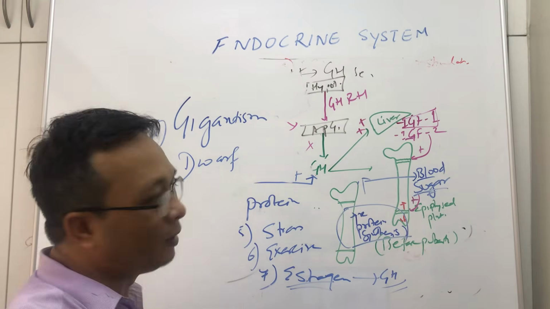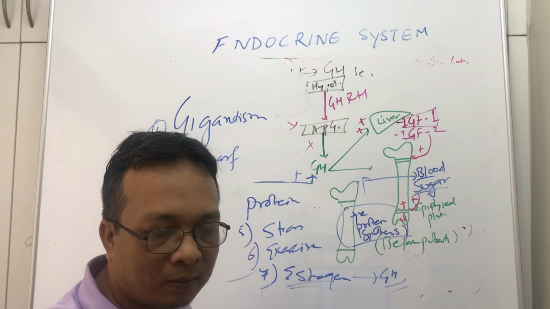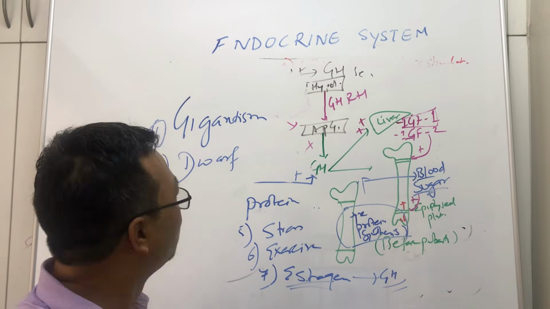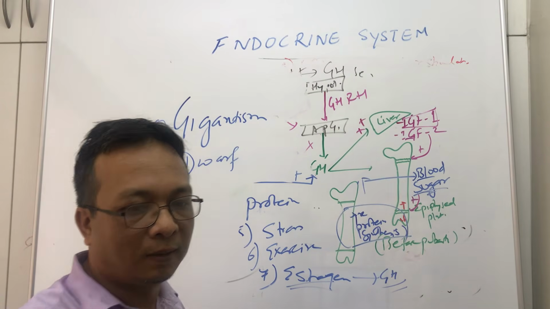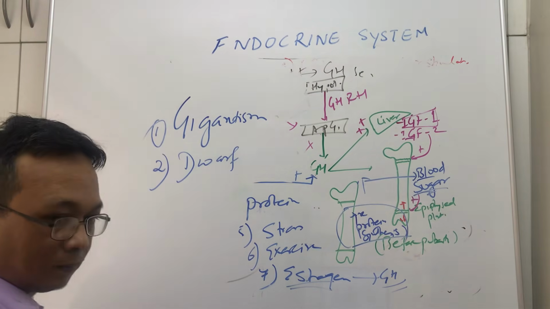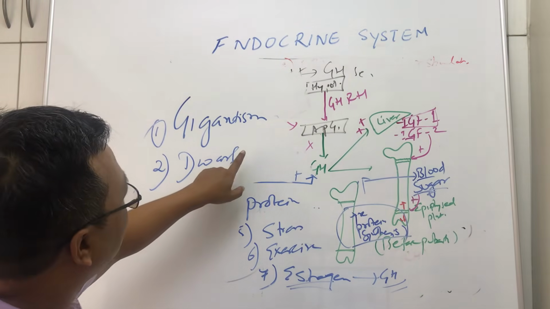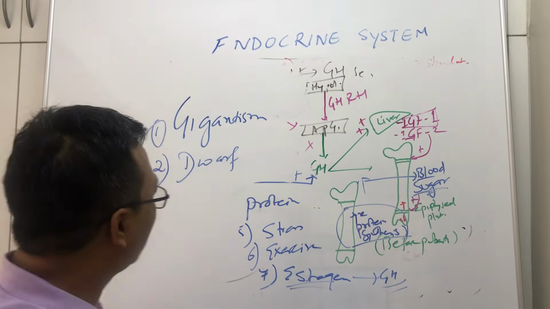Now, which one of them is more prone to diabetes? Please write it down. If you find a gigantism person or dwarf person, which one of them is more prone to diabetes? Yes, gigantism, very good. Now, there is another disease called acromegaly.